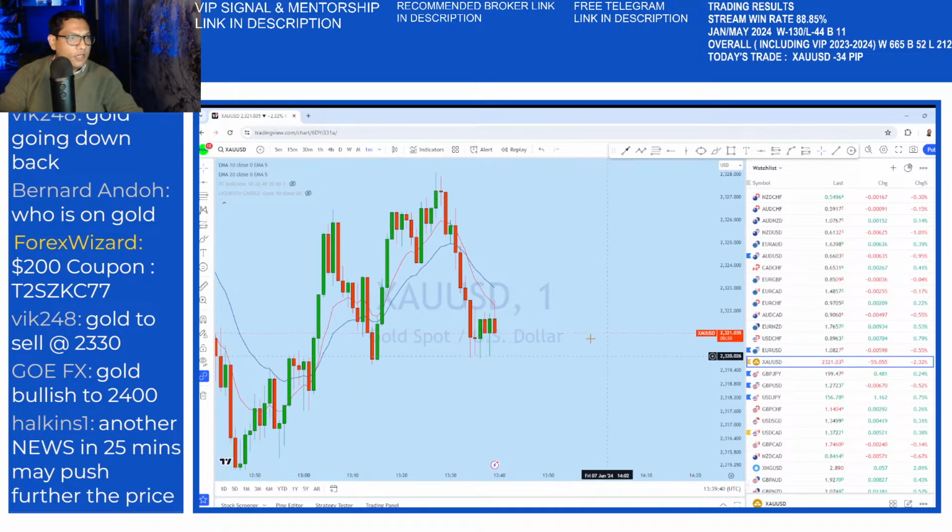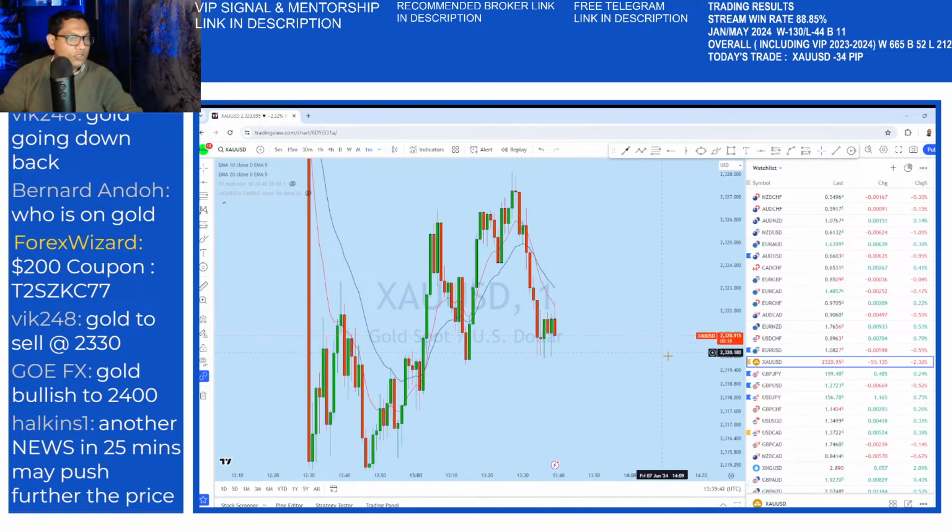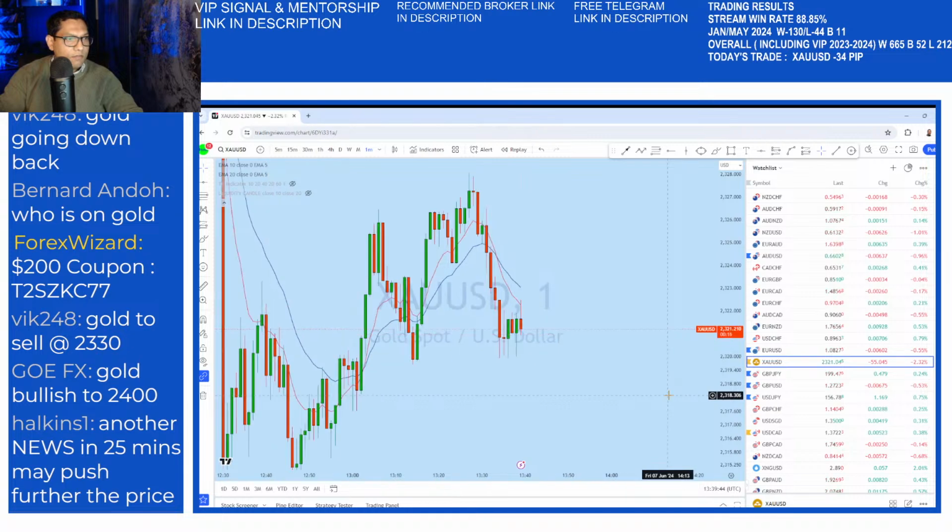The 1 minute is showing that bearish pattern.